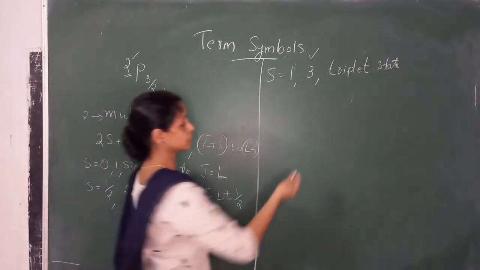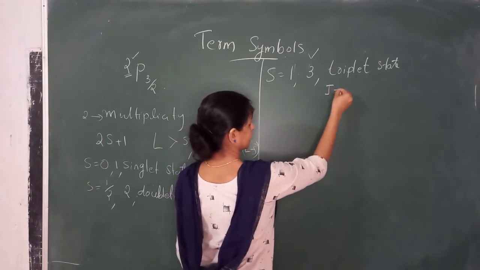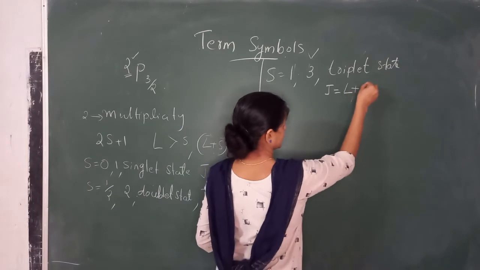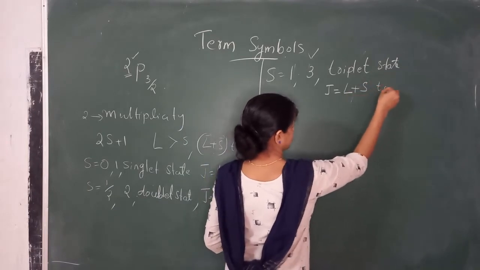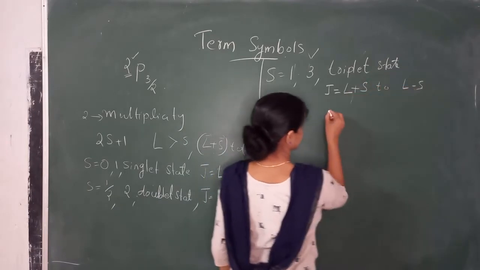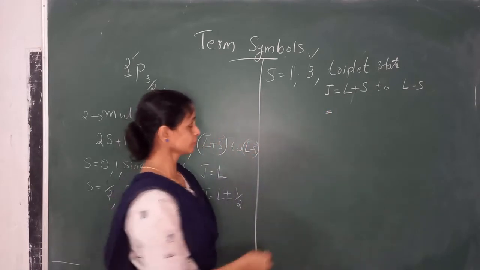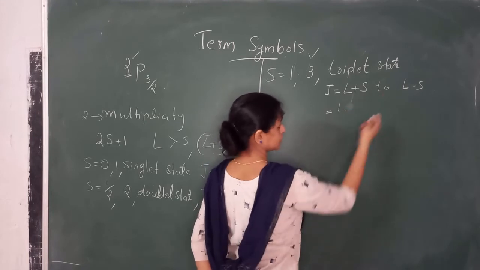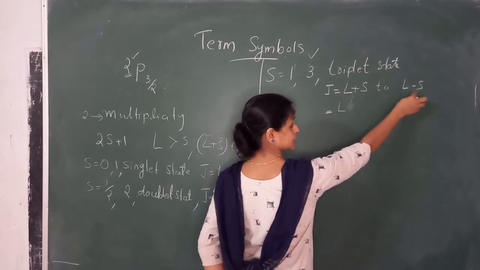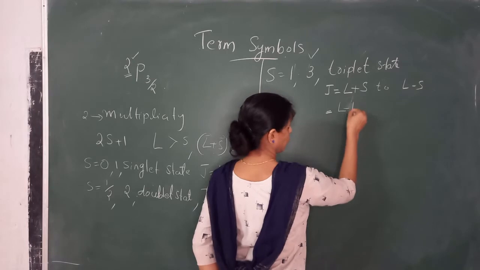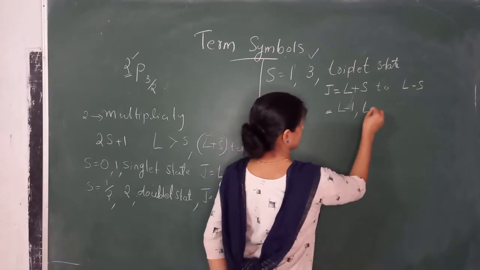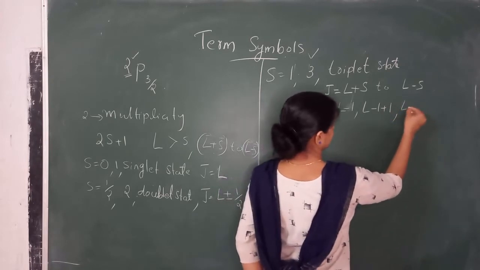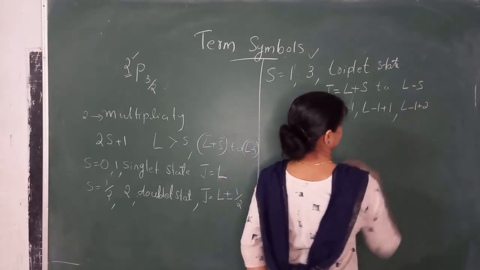Then what is the value for j? j will take values from L plus S to L minus S. We can start from L minus 1, then L minus 1 plus 1, then L minus 1 plus 2, and so on.